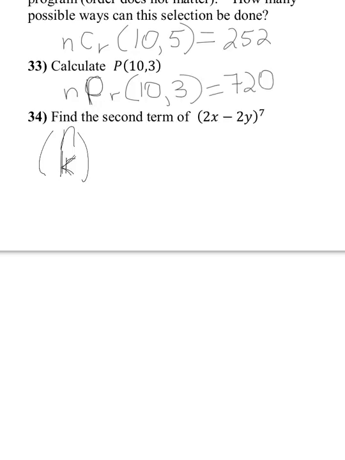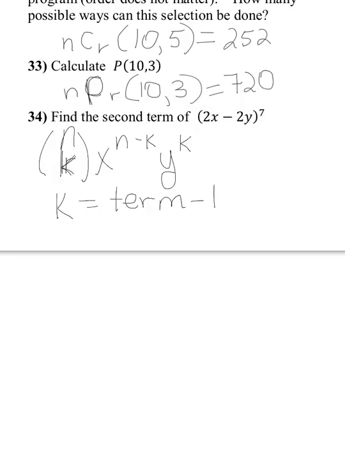And then you're going to have your x term to the n minus k, and then your y term to the k. And that's going to give you whatever the second term is. So what you need to remember, though, is that k is equal to the term minus 1, because we always need to make sure that we're subtracting that first term. So term minus 1 is going to give us k.